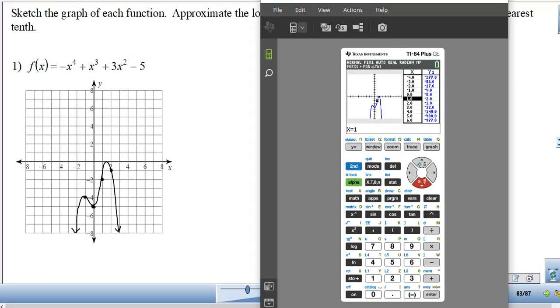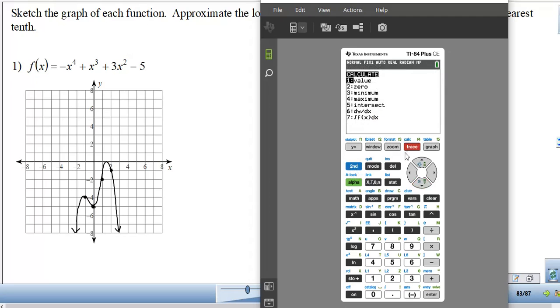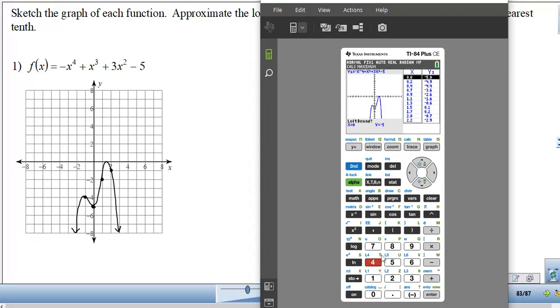All right, so now it's time to find these points using our graphing calculator. We're going to use the calculate feature on our calculator, so we do that by selecting second trace. I'm going to find this first point, which is a maximum, and so in order to do that, I will select option number 4. The calculator tells me to go left bound. That means that it wants you to move your cursor to the left of the point that you want to find.